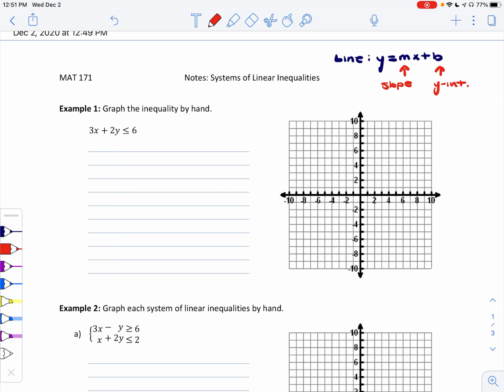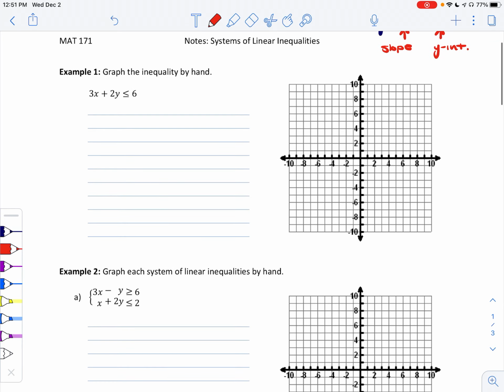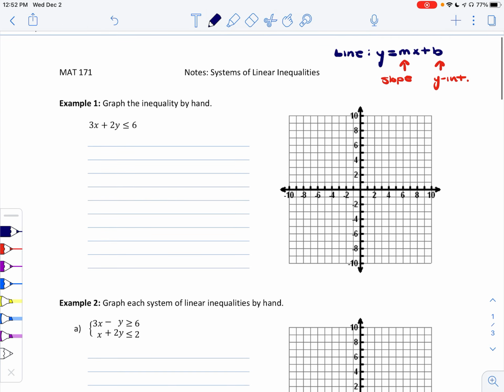All right, so if we look at this equation in example 1, 3x plus 2y is less than or equal to 6. Let's go ahead and rearrange this and put it in slope-intercept form. So I'm going to subtract 3x from both sides, which would give me 2y is less than or equal to negative 3x plus 6, and then divide by 2 on both sides.